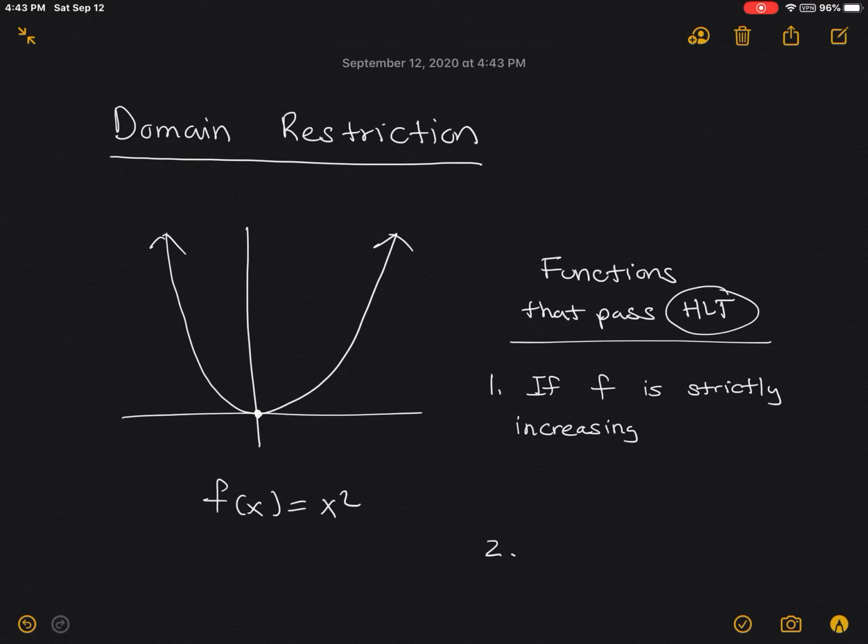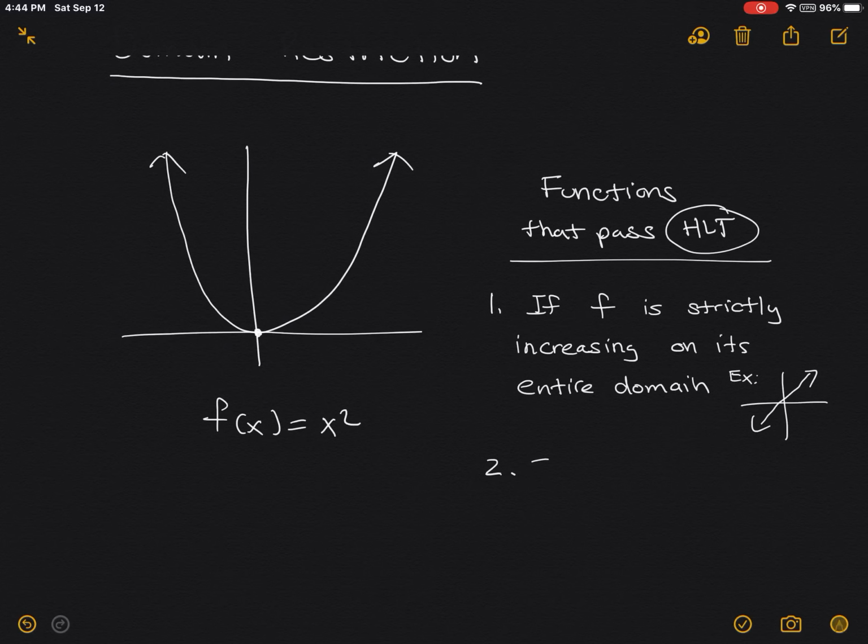So f is strictly increasing on its entire domain. What does it mean that f is strictly increasing? Let's say I give you something like this. Notice the function is increasing on its entire domain. It's clearly going to pass the HLT.